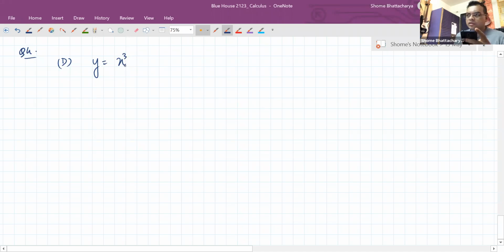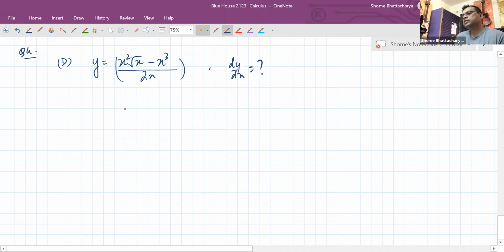So x square into root x minus x cube, the whole thing divided by 2x. So we want to find out dy by dx. So what we'll do here is first we'll simplify this.